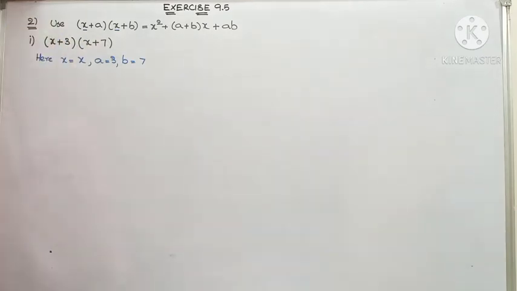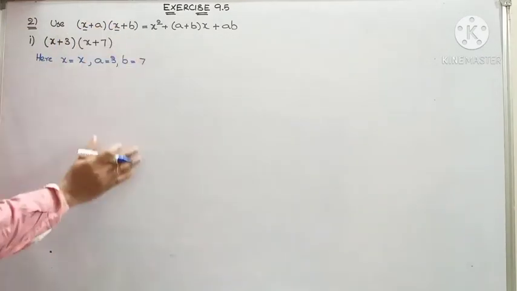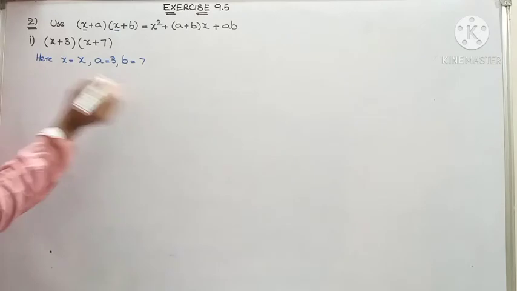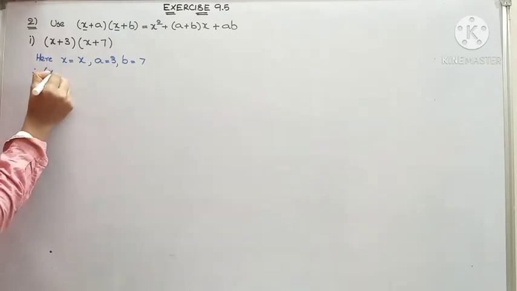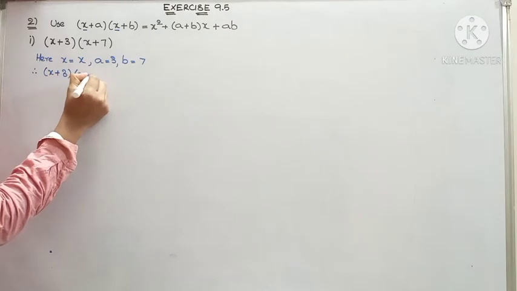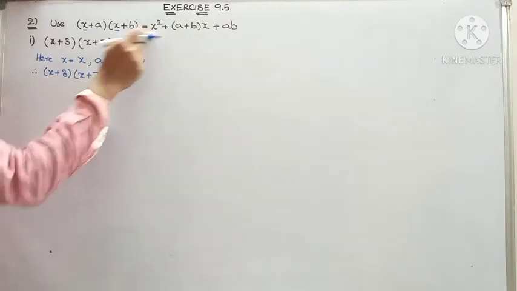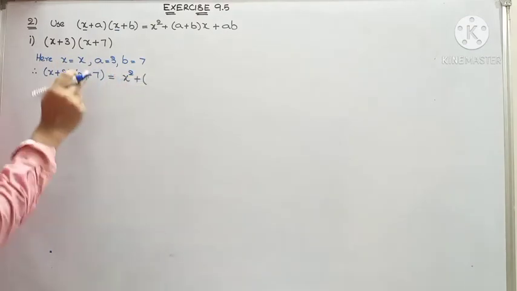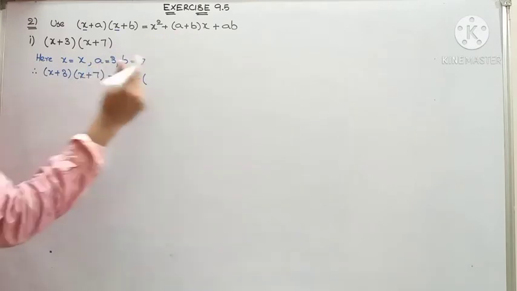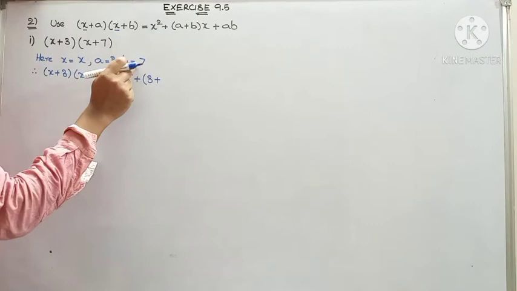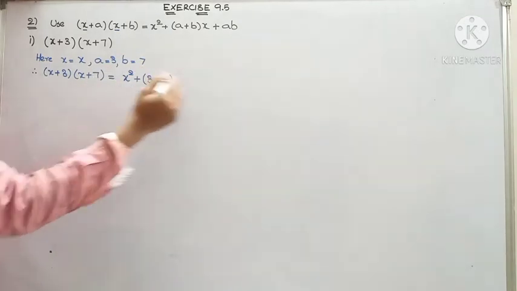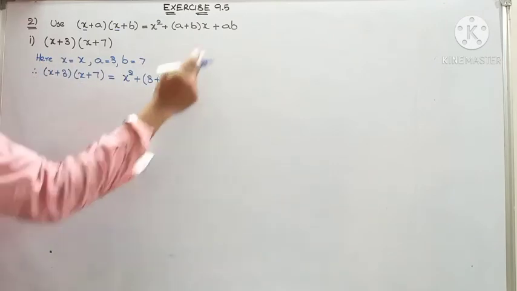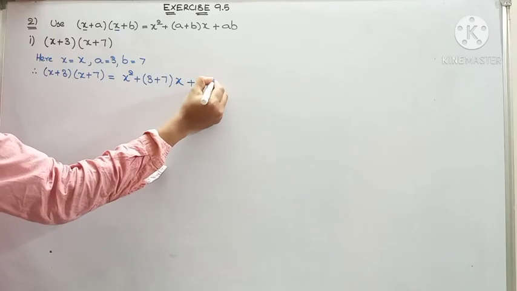Now look. (x + a)(x + b) = x² + (a + b)x + ab. Therefore, (x + 3)(x + 7) is equal to x², here also the value of x is x, plus (a + b), what is a here? 3, plus what is b? 7, multiplied by x, plus a multiplied by b, 3 multiplied by 7.